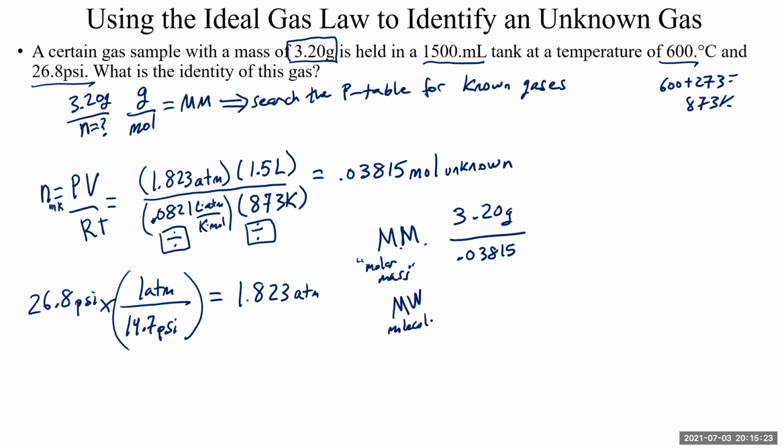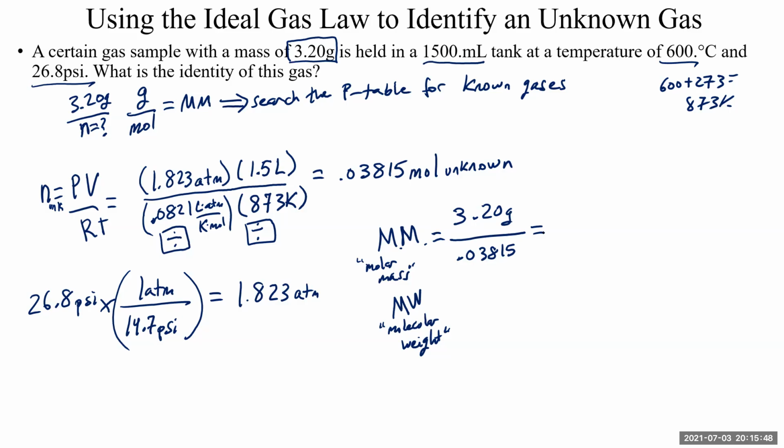Molecular weight, which I often abbreviate MW or MM, is the molar mass. So that's the definition of molar mass or molecular weight. And so we take 3.2 and divide by 0.03815.